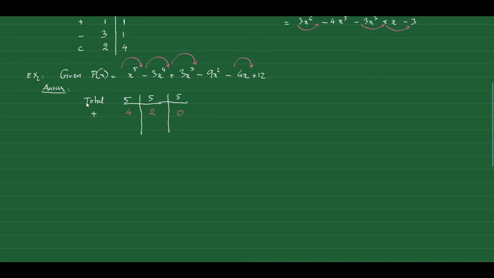That's what I mean. How about negative? For negative, we have to find P of negative x. Plug it in, which gives you negative x to the 5th, negative 3x to the 4th, negative 3x, and 9x plus 4x plus 12.